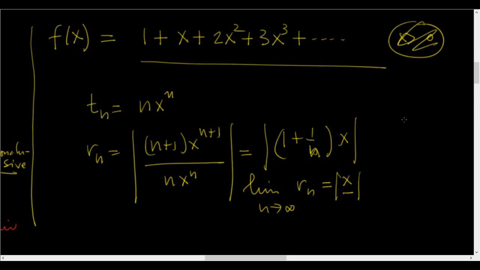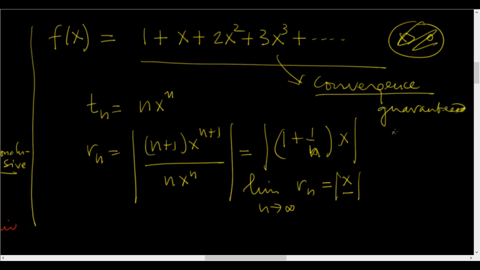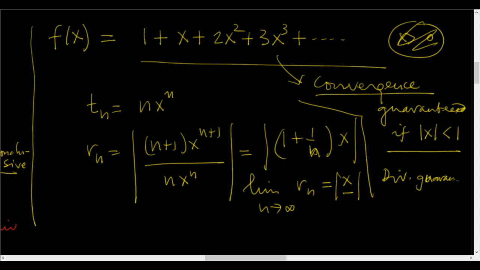So then for this series, convergence is guaranteed if the absolute value of x is less than 1. Okay, and divergence is guaranteed if the absolute value of x is more than 1.